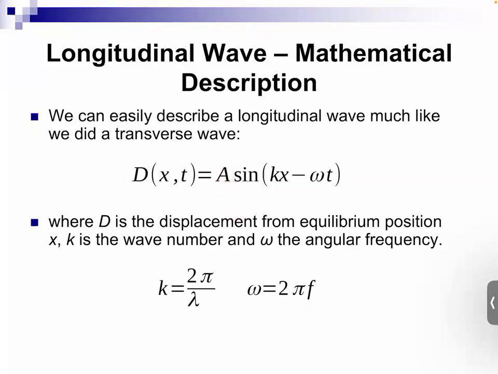A here is the amplitude of the wave. k is defined as the wave number given by this equation, and omega is the angular frequency, which is related to the normal frequency. So it's exactly the same form as the transverse wave.